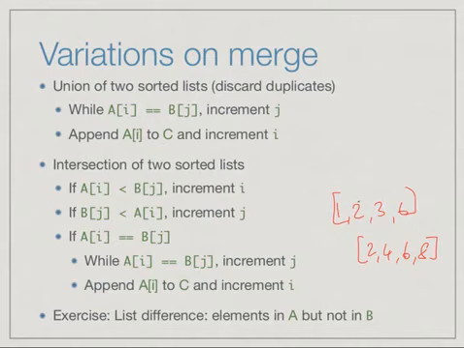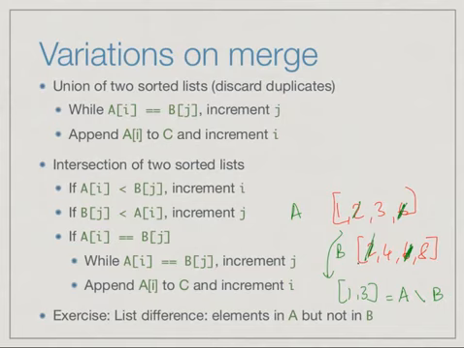So 2 is there here and it is here, so you remove 2. 6 is there here and it's here, so remove 6. So you should get 1, 3. So if this is A and this is B, then this is the so-called list difference A minus B. So see if you can write a version of merge which gives you all the elements in A which are not also in B, also known as list difference.